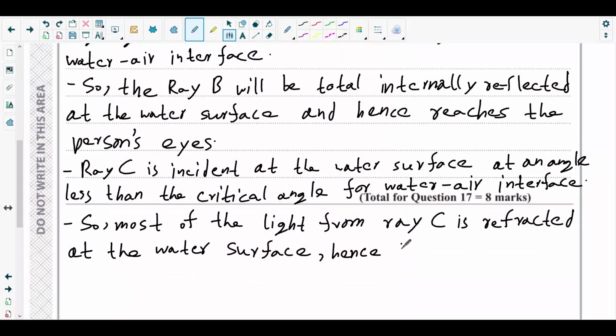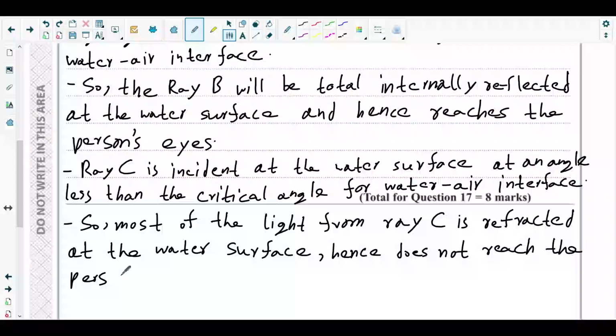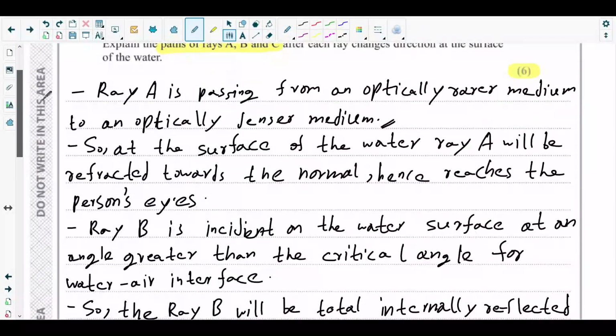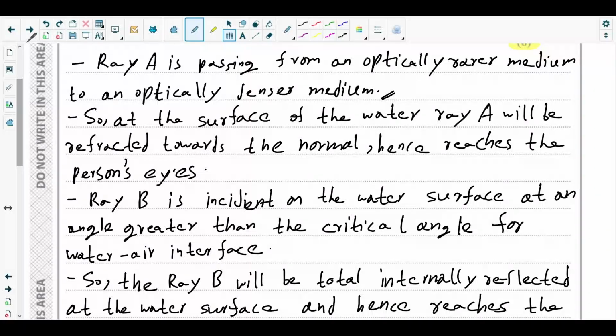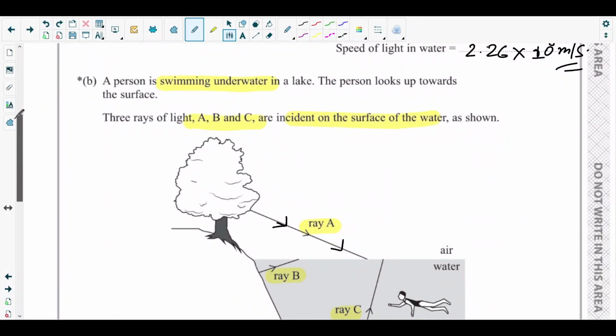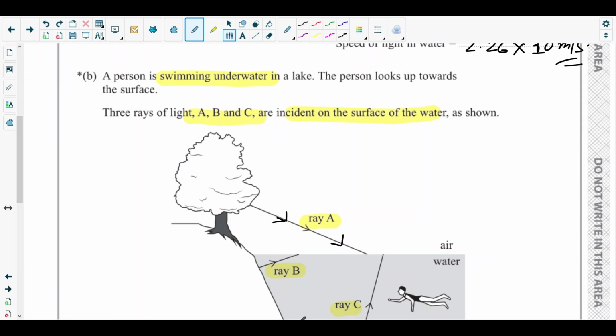Therefore, it does not reach the person's eyes because it is going away through the air medium. That's it. These are the 6 points we can write for 6 marks. And definitely you have to consider a disciplined, well structured answering pattern. Okay, fine.